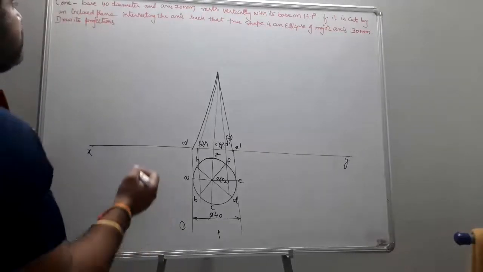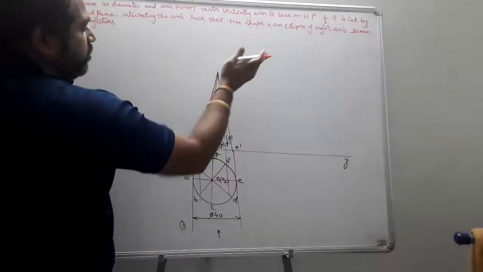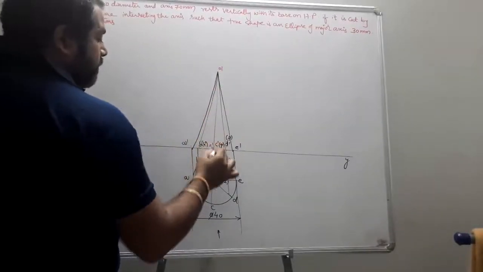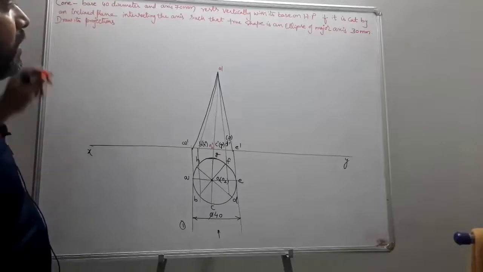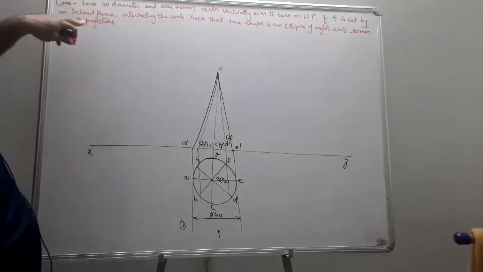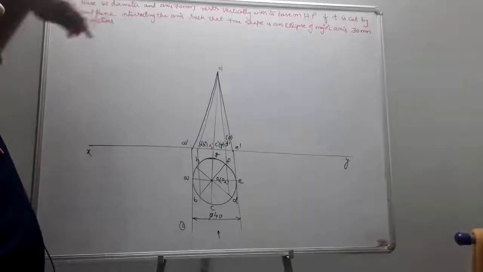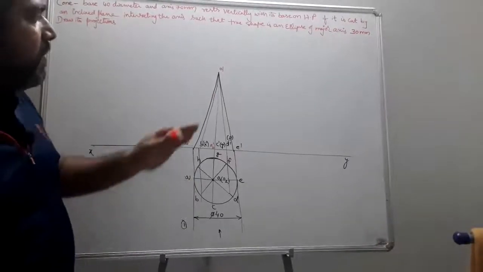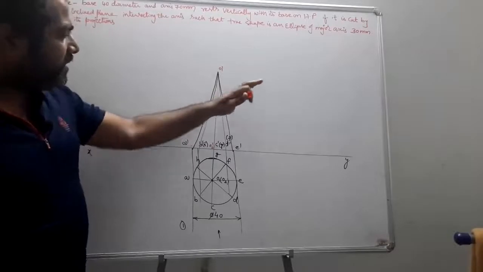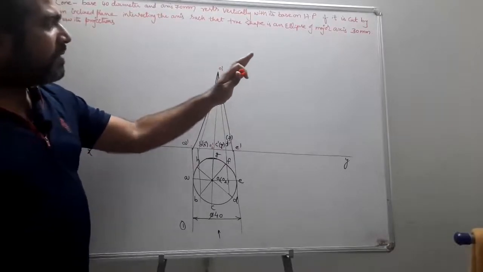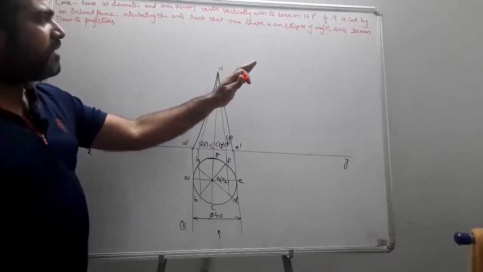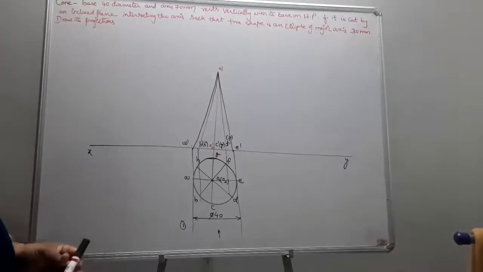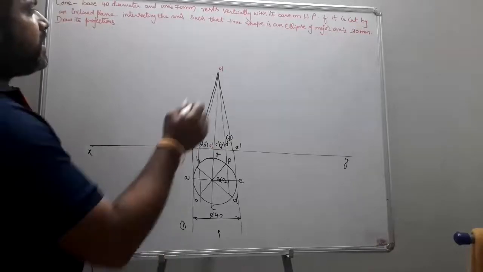I don't know how this cutting plane is going to be and where it is going to be. But I know the true shape is going to be an ellipse of major axis 30 mm. So it is cut by a section plane intersecting the axis in such a way that the true shape is an ellipse of major axis 30.